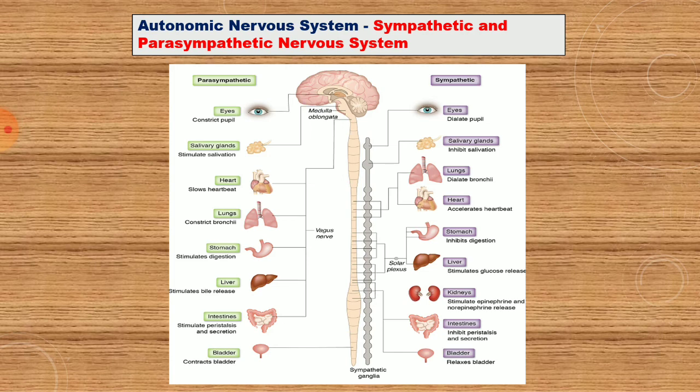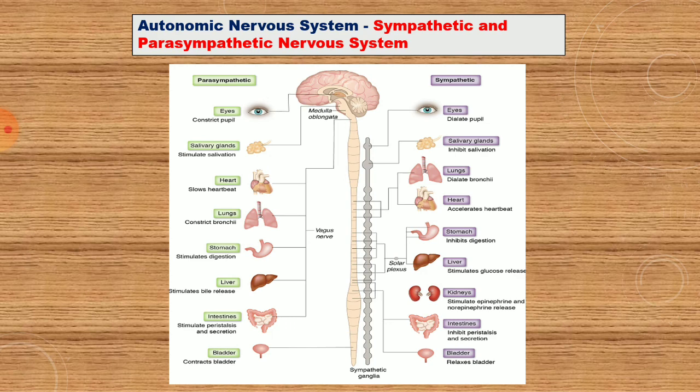antagonistic components, antagonistic meaning opposite: the sympathetic and parasympathetic. The two components work oppositely. They enable the body to perform rapid and specific visceral activities and maintain a steady state.